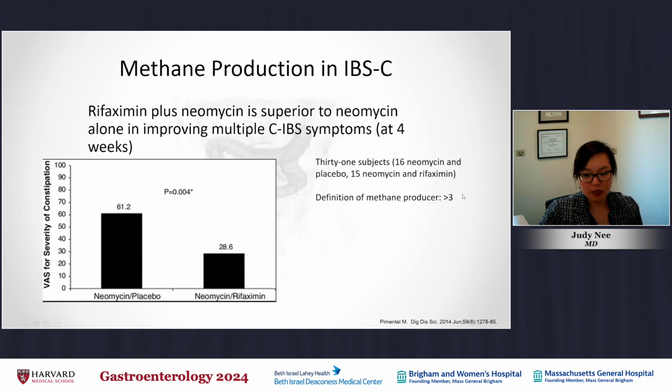Their definition of methane production was greater than 3 parts per million, so not what is the accepted definition now, and patients were only followed for 4 weeks. So while there is evidence to show that you can treat IMO, the definition is different, the follow-up was very short, and if you have a patient with chronic constipation, the patient likely will have constipation for longer than 4 weeks. So more studies need to be done.